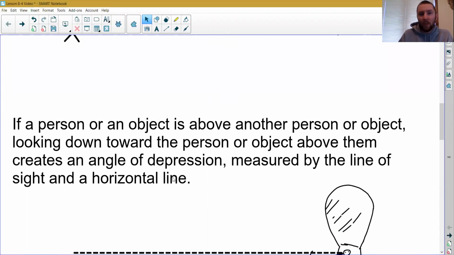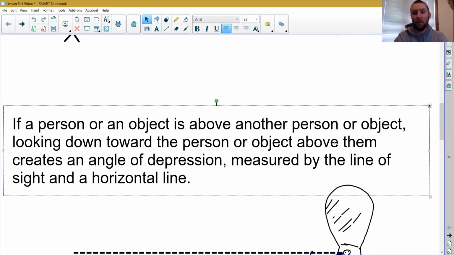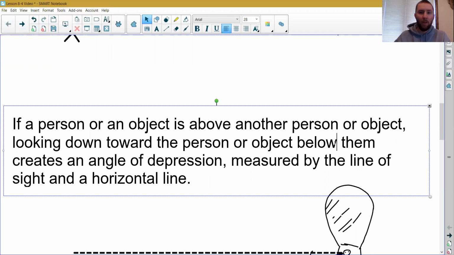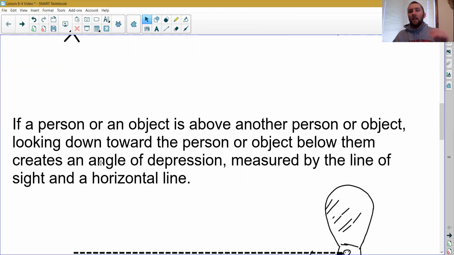If a person or object is above some other person or object, and the one that's above is looking down toward the person or object below them, that creates an angle of depression. The angle of depression is still measured by a horizontal line straight out in front of that person and the line of sight down to whatever is below them.